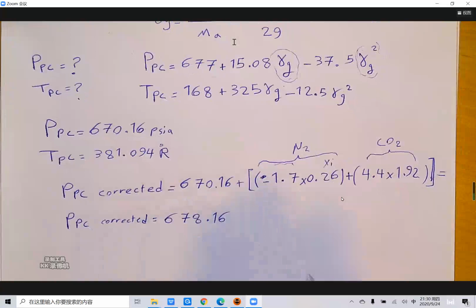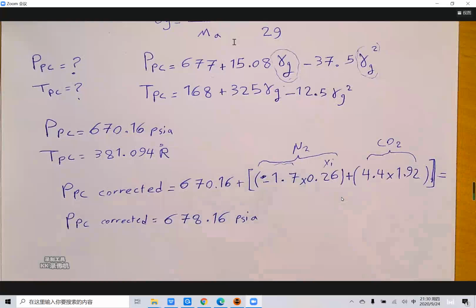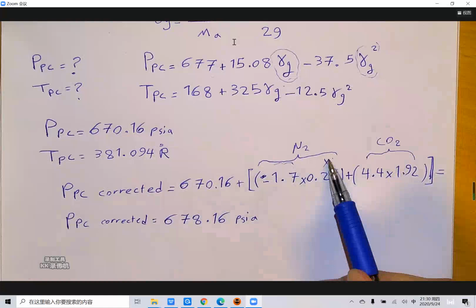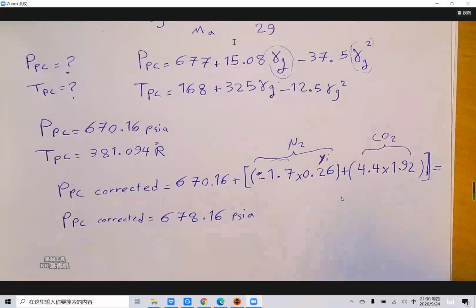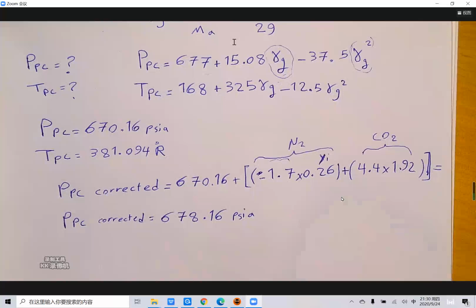I have a question there. You're multiplying by the percentage instead of the fraction. Is that correct? I just multiplied by the mole fraction here. But the fraction of the CO2 is not 1.92, that's the percentage; the fraction is 0.0192.